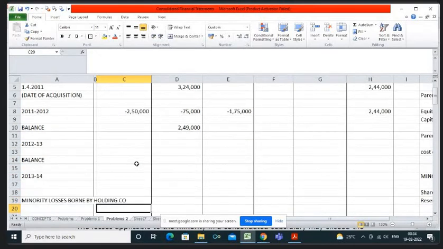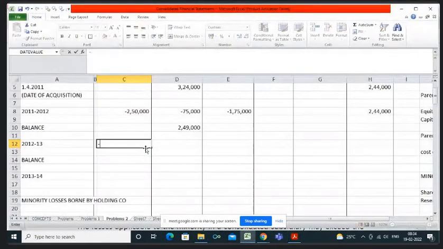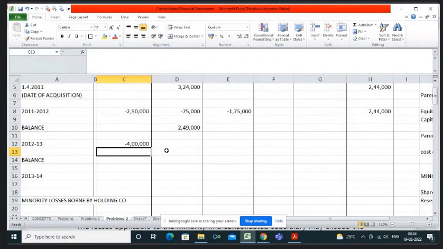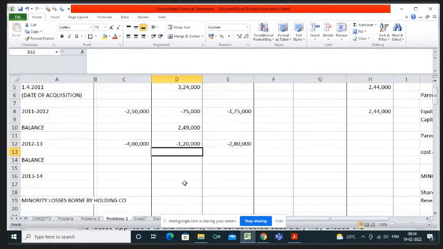So let's move on to the second year. Second year, what happens? There are again losses. How much? 4 lakhs. So losses will be denoted by a negative figure. 4 lakhs losses we have incurred. How much will the minority take? The minority will take 30% of that, 1,20,000. Then what will be the balance at the year end?